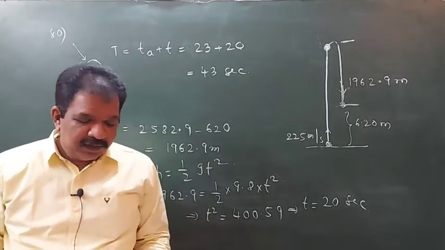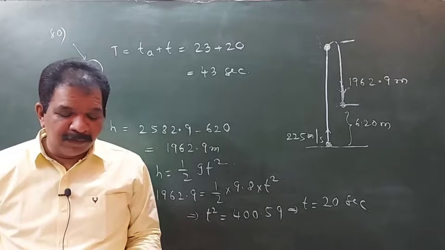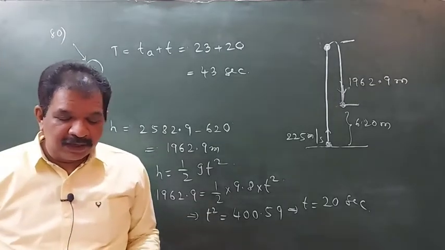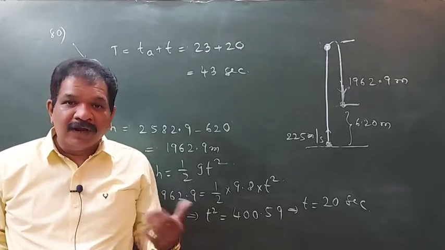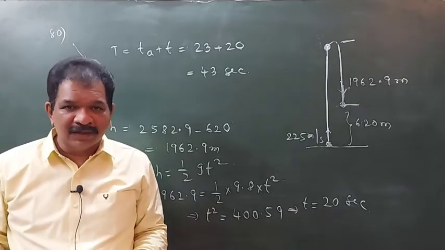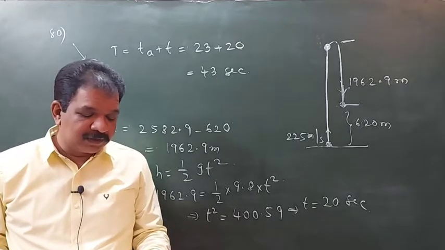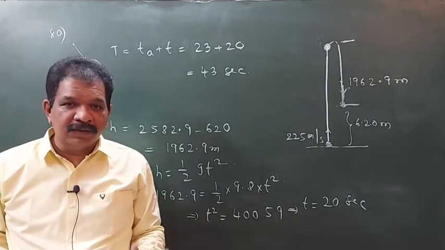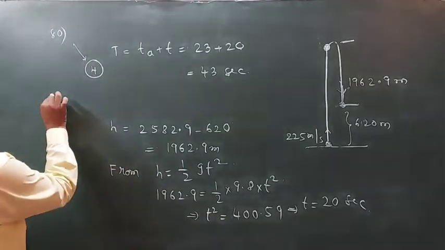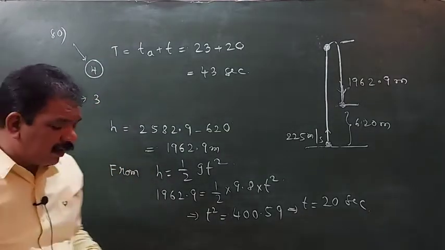Next, 81. A player throws a ball vertically upward with velocity u. At the highest point, velocity will be 0 and acceleration is equal to g, that is the correct one. So by checking all the given options, 81 will be the third option. Why the remaining are not correct?